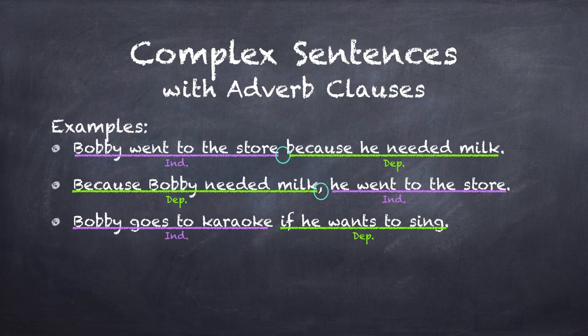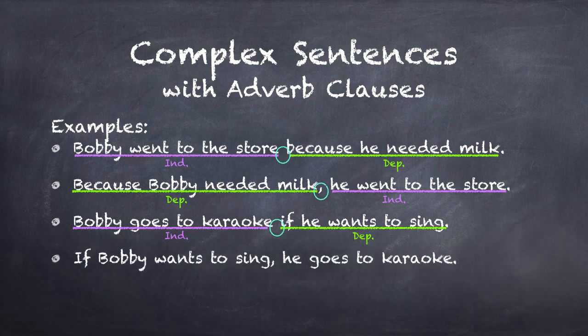In this case, again, the independent clause comes first, so we do not have a comma. Just like in the example before, we can write this in the opposite direction and write, if Bobby wants to sing, he goes to karaoke. In this case, we have the dependent clause first, the independent clause second, and we have a comma.